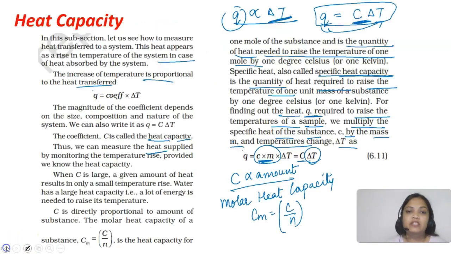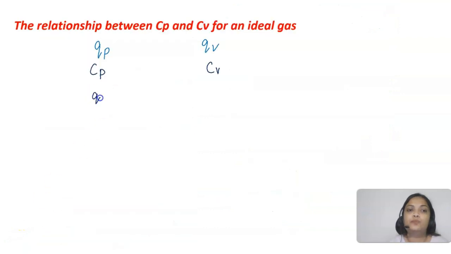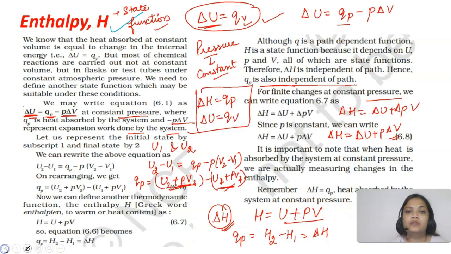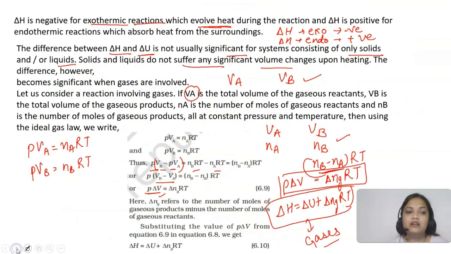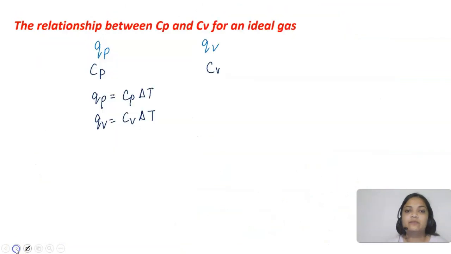According to the previous relation, Q is equal to C delta T. So Qp will be equal to Cp delta T and Qv will be equal to Cv delta T, at constant pressure and constant volume. And just now I told you to remember some results, that Qp is equal to delta H and Qv is equal to delta U. So let us move ahead and put the values.